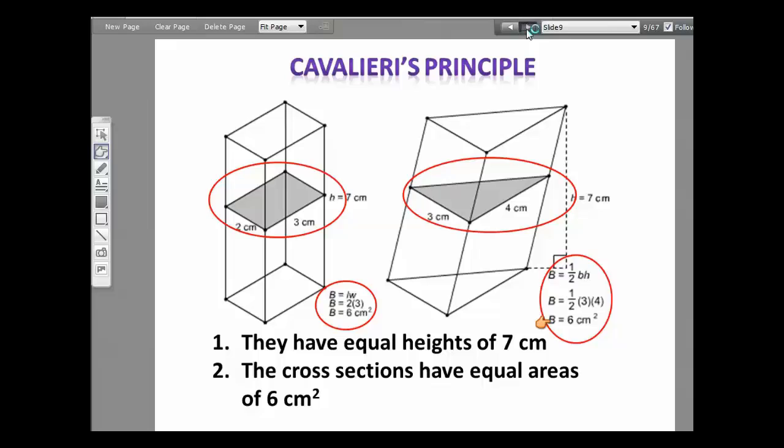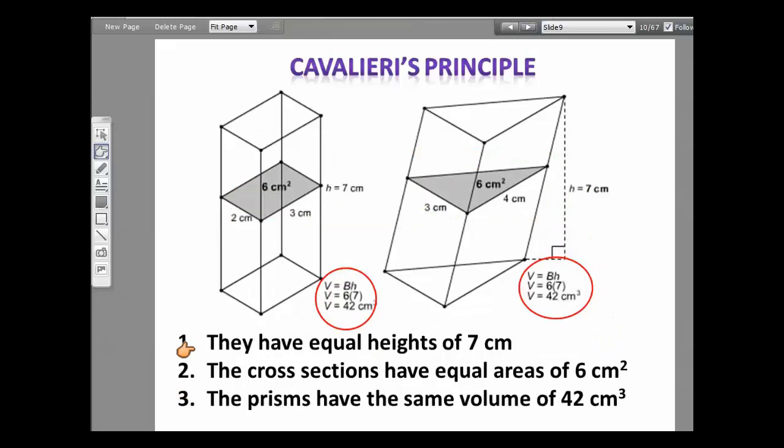Since they have equal heights and equal areas, the prisms also have the same volume of 42 centimeters cubed. Now, if it doesn't ask you to calculate the volume, you don't have to. What you need to know is that if they have equal heights and their cross sections have equal areas, they will have equal volumes.